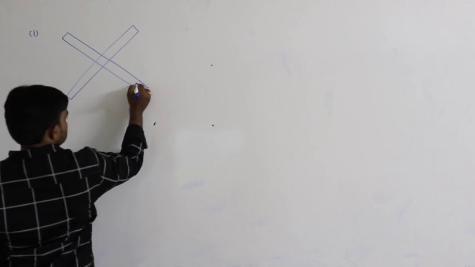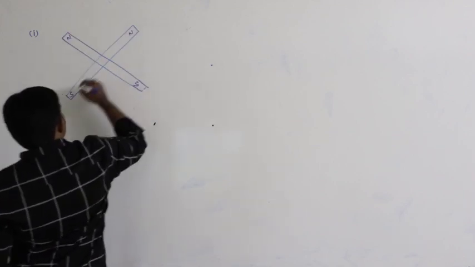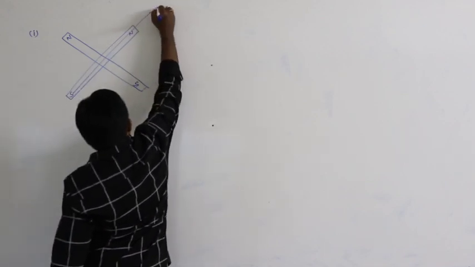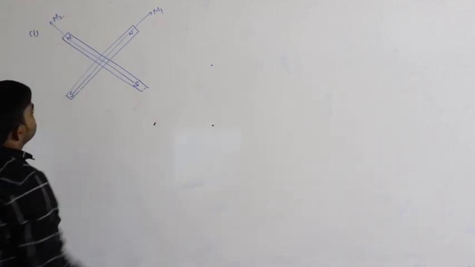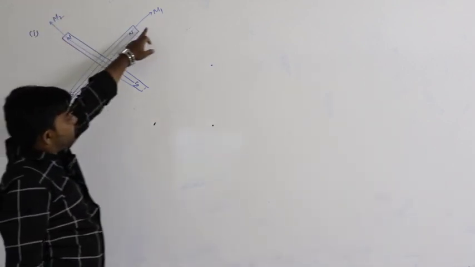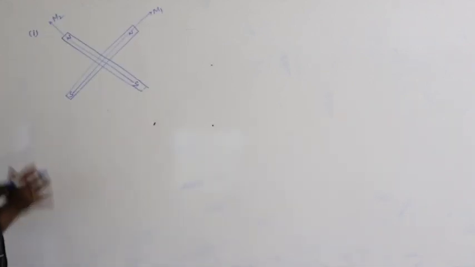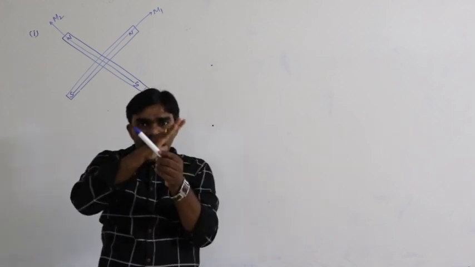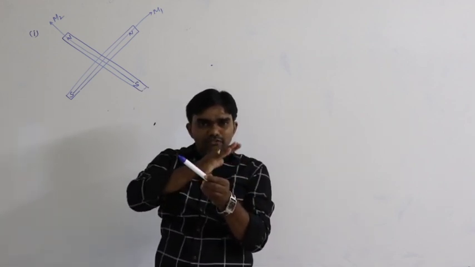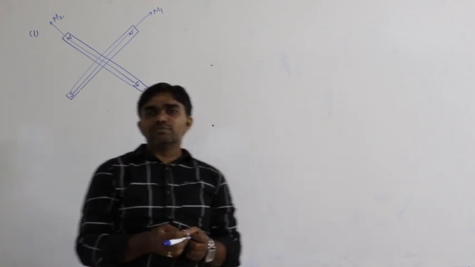Let us say this is south pole and this is north pole, and this is south pole and this is north pole. This is the magnetic moment M1 of the first magnet, and this is the magnetic moment M2 of the second magnet. The two magnets are arranged in the form of a cross, and this arrangement is suspended in uniform Earth's magnetic field.